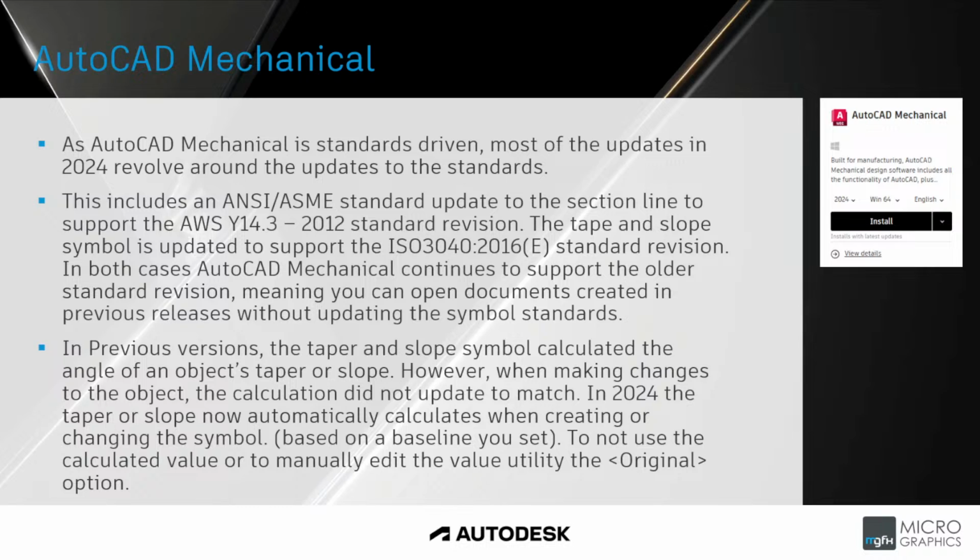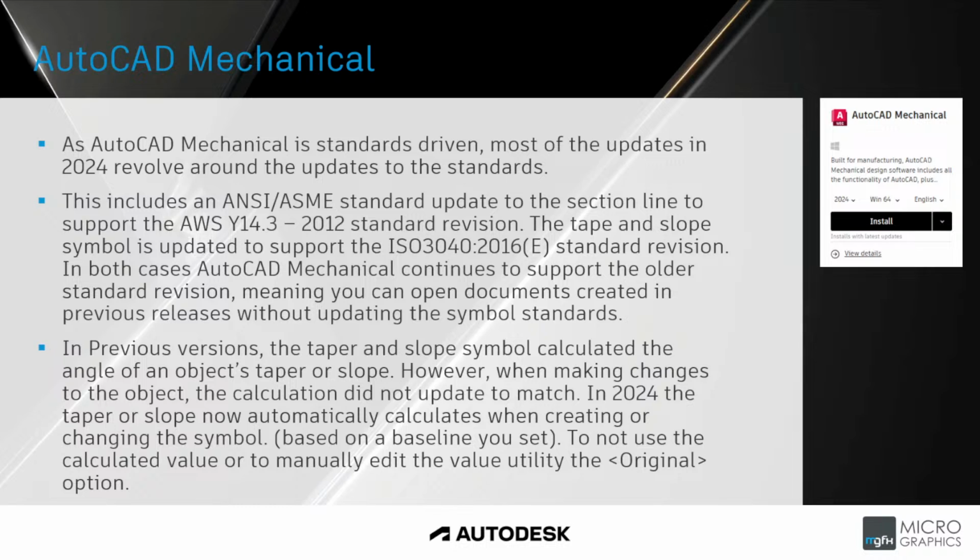The taper and slope symbol is updated to support the ISO 3040 2016E standard revision. In both cases, AutoCAD Mechanical continues to support the older standard revisions, meaning you can open documents created in previous releases without having to update the symbol standards.